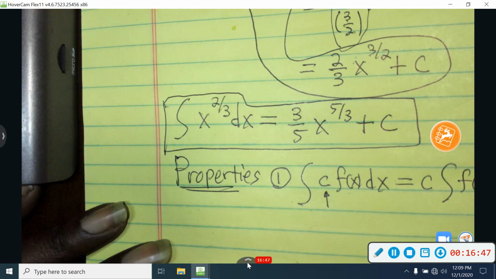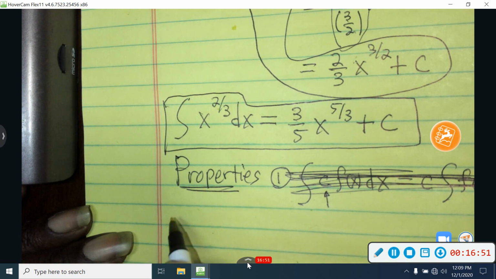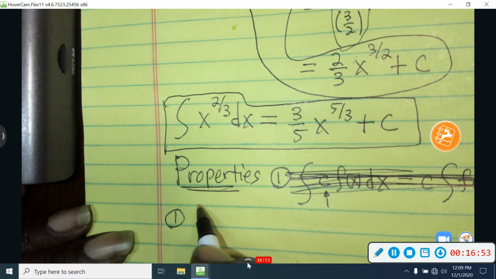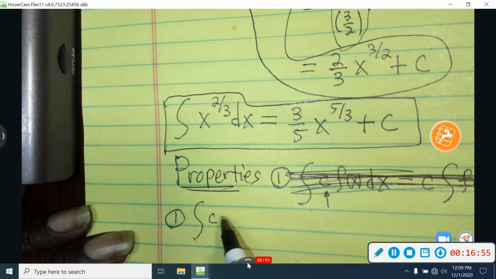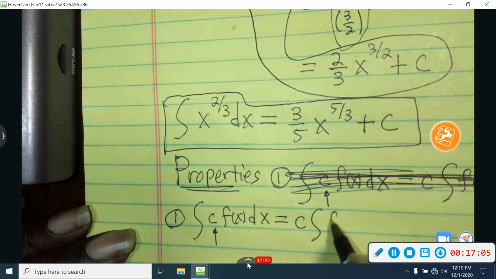Let me write that again down here. This paper is a little thin here. If you take the indefinite integral of a constant times a function, like I said, its inverse, the derivative, ignores the constant, so it will. It ignores the constant and just goes to the function.